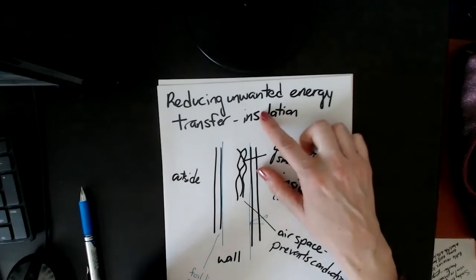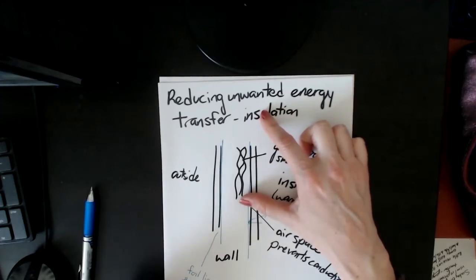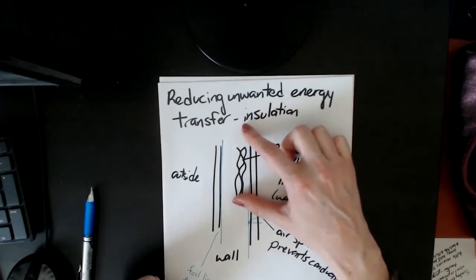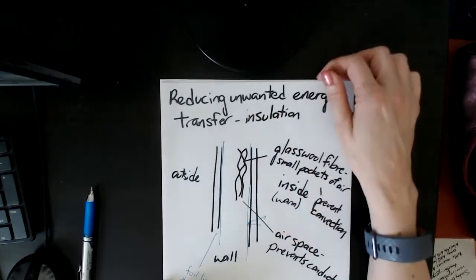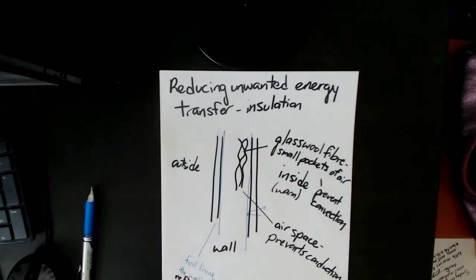So the foil lining the wall doesn't prevent infrared waves, I should say, it reflects them, so that the heat doesn't escape or doesn't get in, depending on what you want. So that's a way that we reduce unwanted energy transfer in terms of heat.